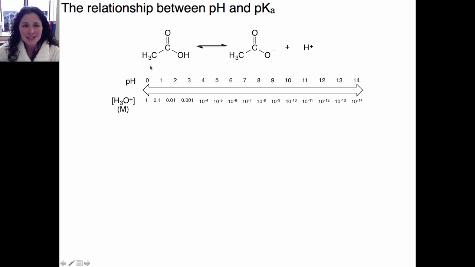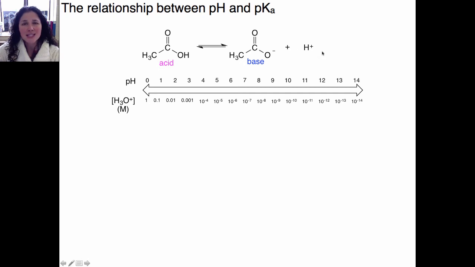This is acetic acid. Here is the acid and conjugate base form, and shown here is the acid dissociation reaction. Here I'm simply showing the dissociation of a carboxylic acid to its carboxylate and hydrogen ion. I could have also written this as a reaction of water plus the acid goes to the base plus H3O+.